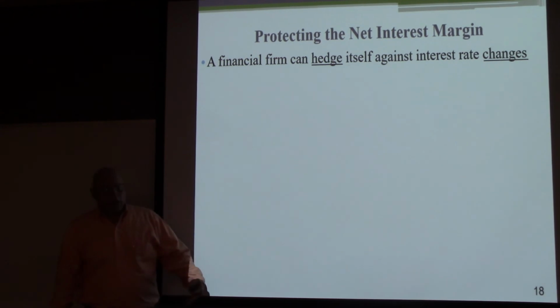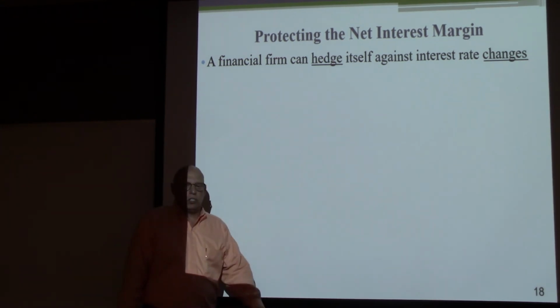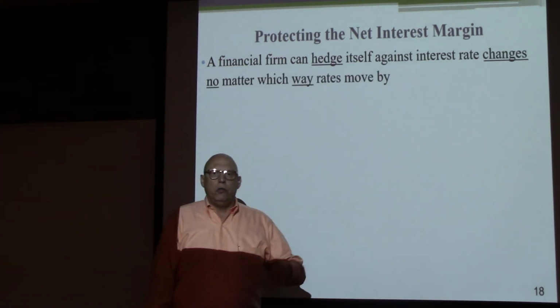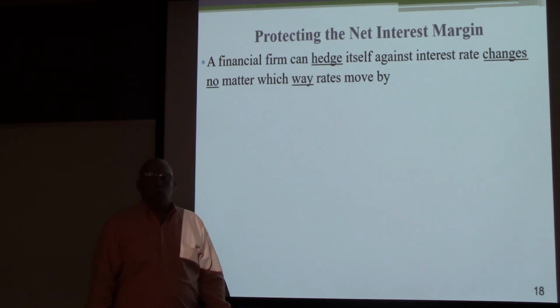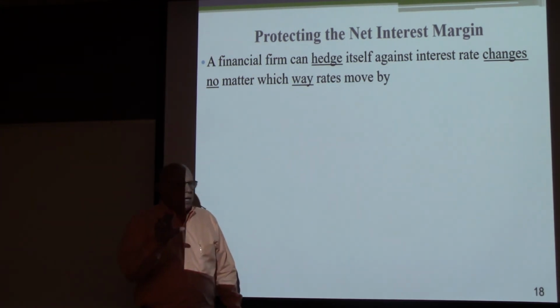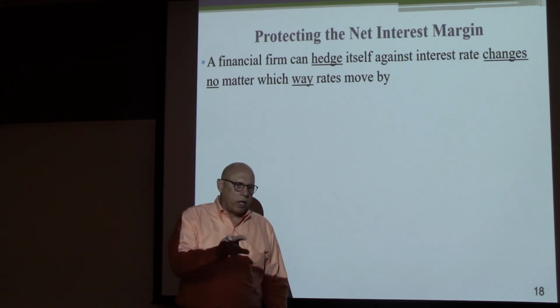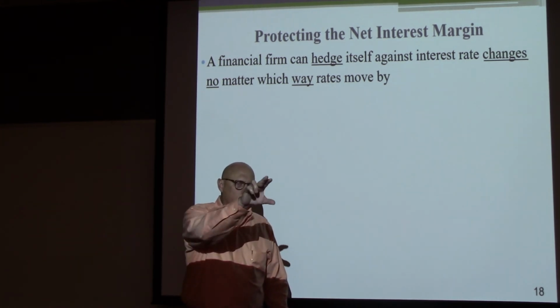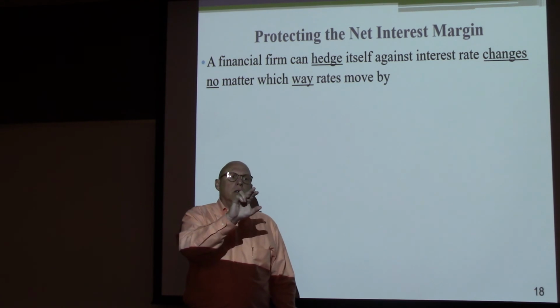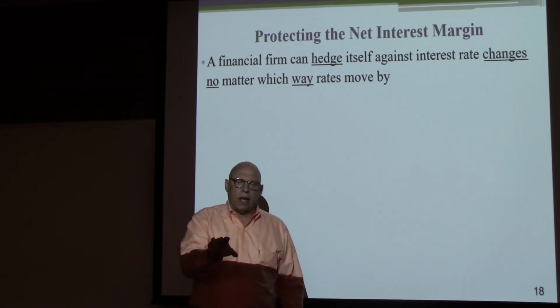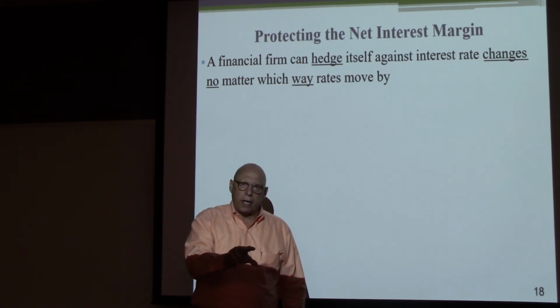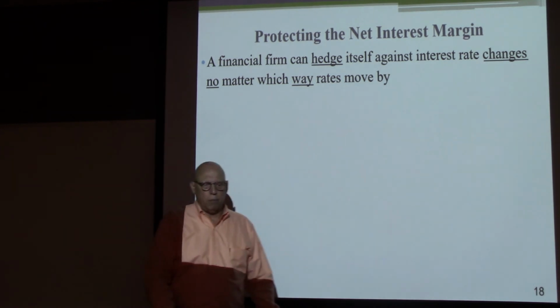All right, a financial firm can hedge itself against its interest rate changes no matter which way rates move. And again, some people like to think that they can forecast that interest rates are going to go up or go down. The data just doesn't support that. So if you cannot forecast, you hedge. Okay?